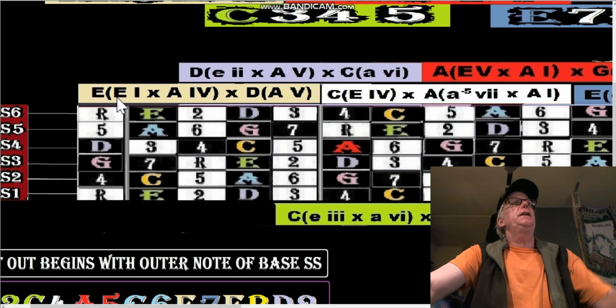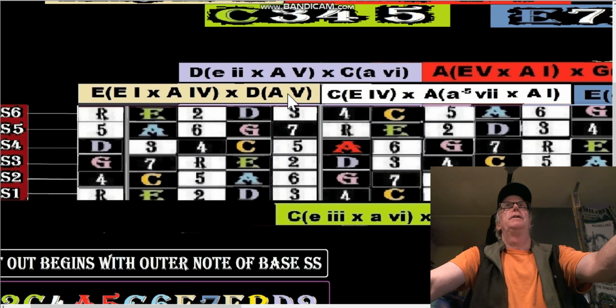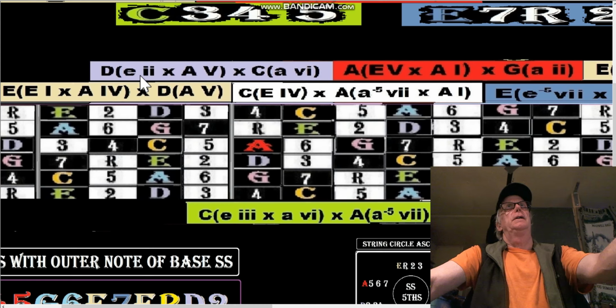Okay, this is the E cage. Root, 2, 3. E1, A shape 4, D shape 5. And then we go to the D box. Alright, 2 minor. Alright, 5 major, 6 minor.